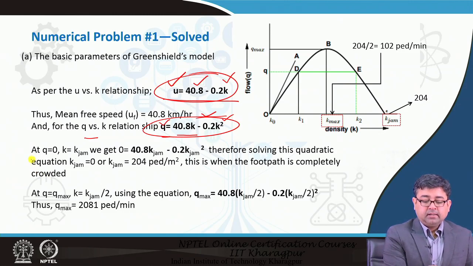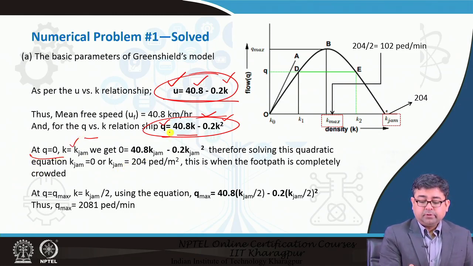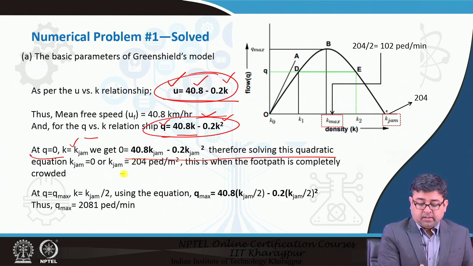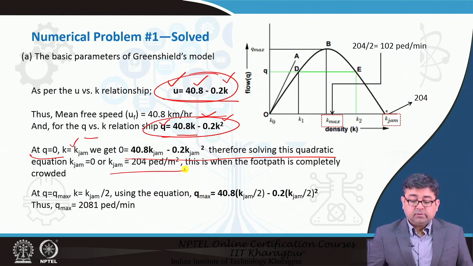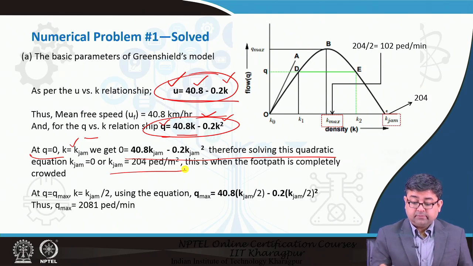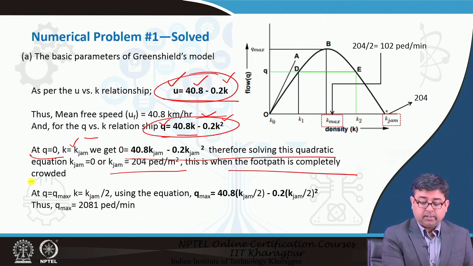Now, we also know that at q equal to 0, k is equal to k jam. So, if you substitute q equal to 0 here, we can find the k jam by solving this quadratic equation, and we found that k jam is equal to 204 pedestrians per meter square. This is when the footpath is completely crowded.